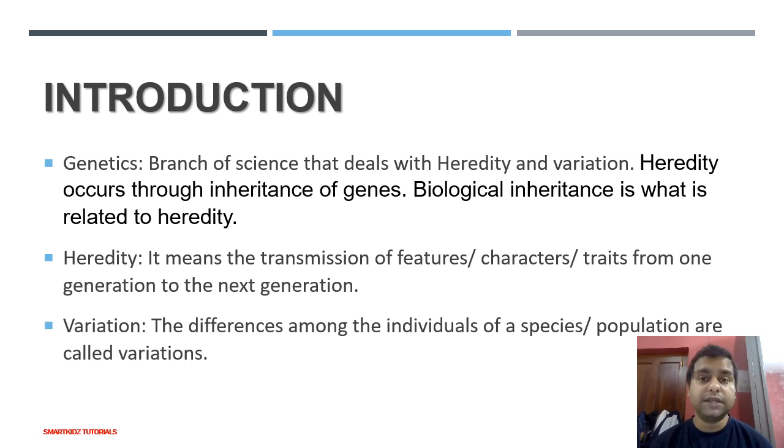From the mother, right? Which I did not have. So a variation is created. Variation means a difference, a change, between the siblings. Siblings means the brothers and sisters; the offsprings of the parent are referred to as siblings. So there is a change seen between the two. That is what is called variation.